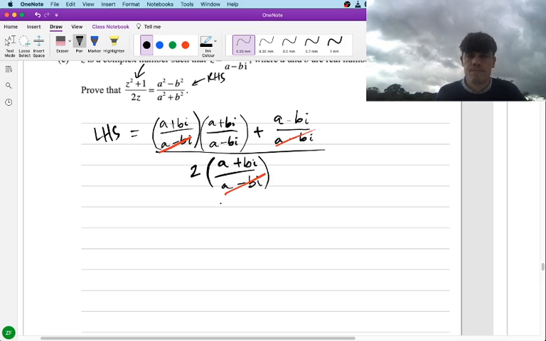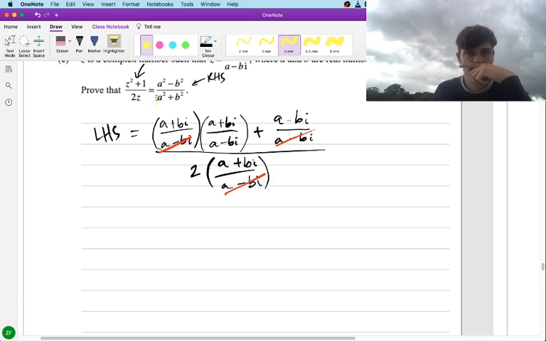I'm going to bring this 2 up because I just want A plus B on the bottom. How do we get A plus B? Where does A plus B come from? So I'm putting a focus on this because I want my base to end up with just that, and then I'll deal with the top on its own. It'll make things easier.